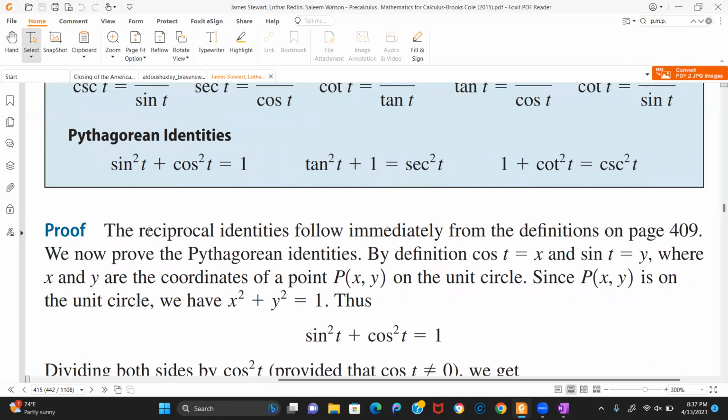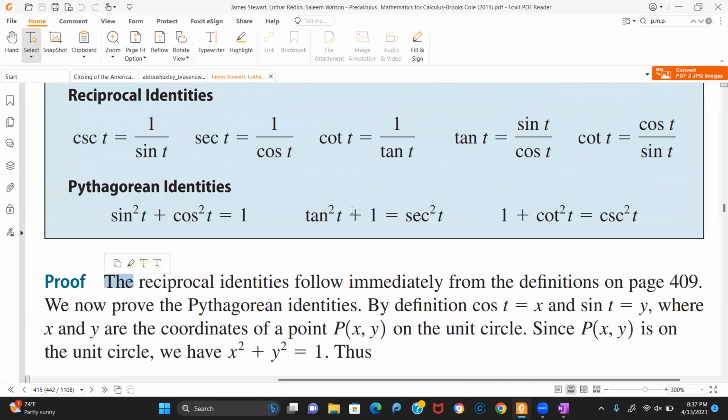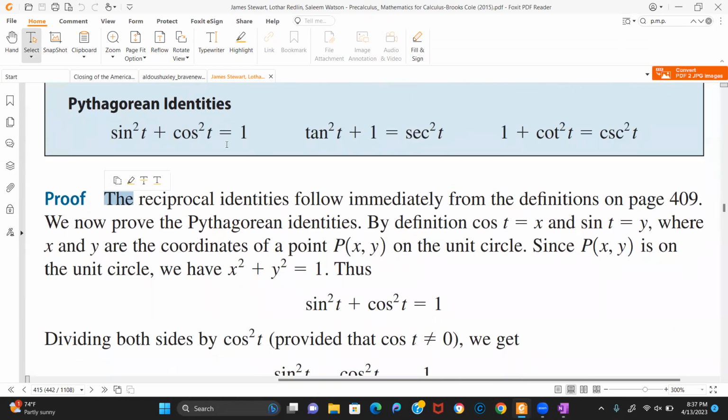As I said, the reciprocal identities, the ones on the first line, follow almost immediately from the definition, so there's nothing to do there. To prove the Pythagorean identity, note that a given t determines a point on the circle, (x, y), and cosine of t is by definition the x coordinate, and sine of t is by definition the y coordinate.